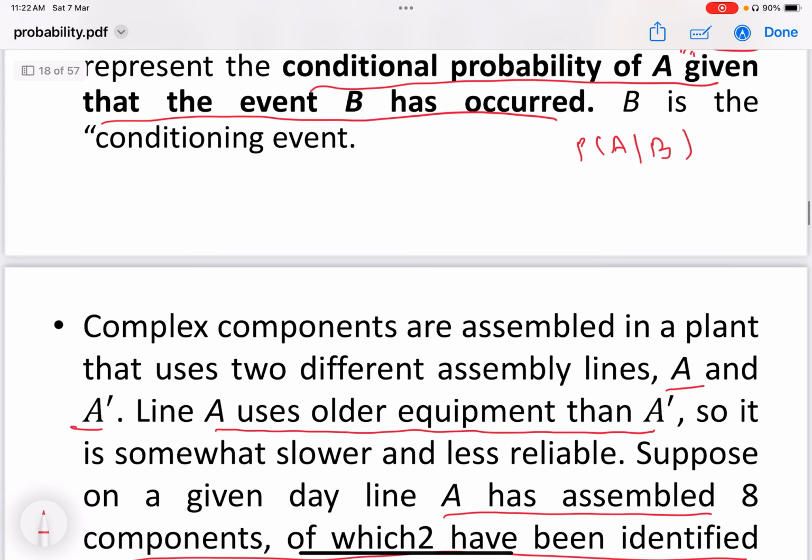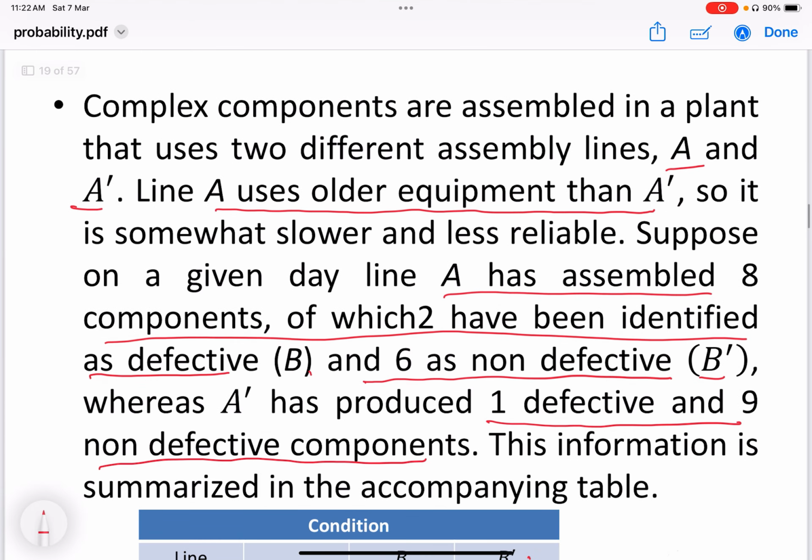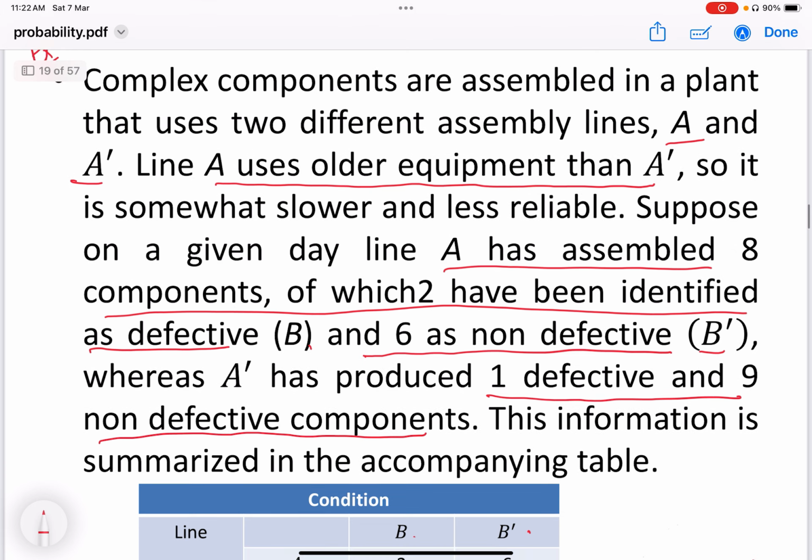So let us have one simple example. Complex components are assembled in a plant that uses two different assembly lines, A and A dash. Line A uses older equipment than A dash, so it's somewhat slower and less reliable.